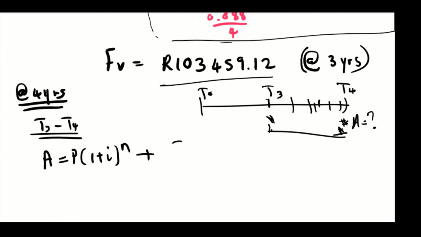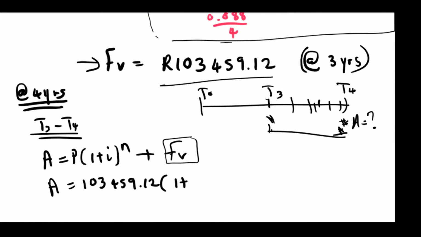Hence, I'm going to use the future value annuity to still calculate those investments, right? A equals this amount, which is going to gain some interest, so it's going to be 103,459.12 into 1 plus 0.088, right?